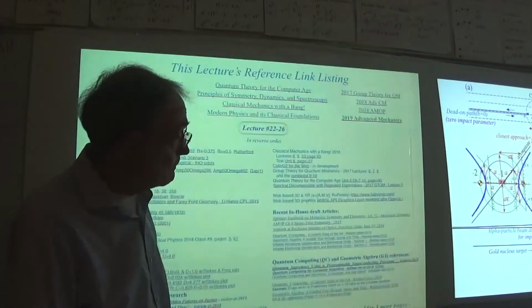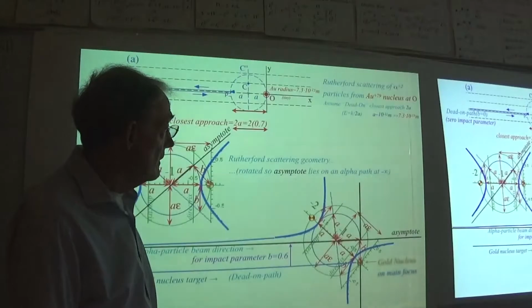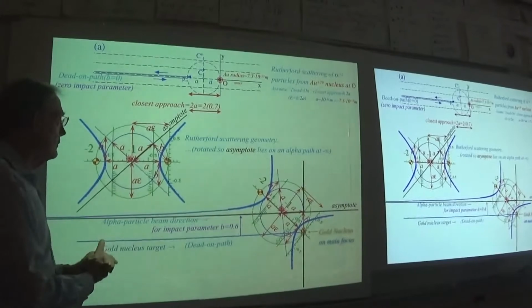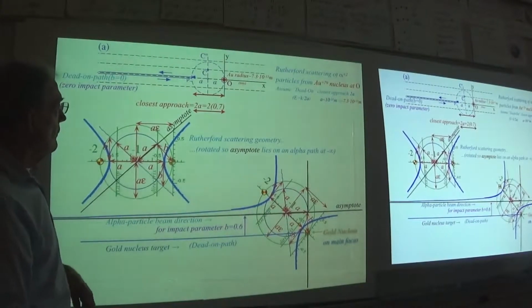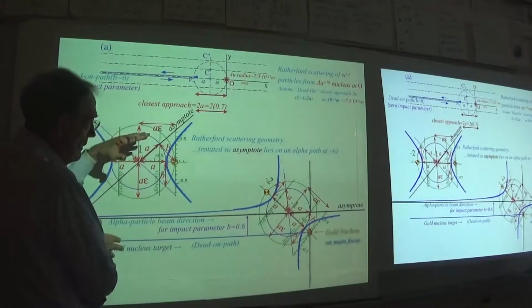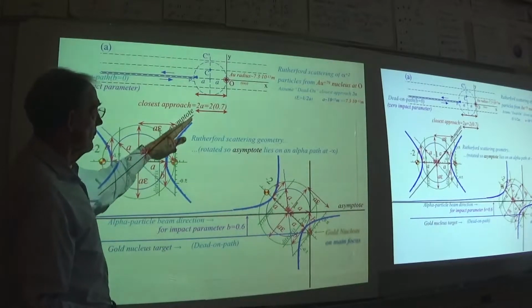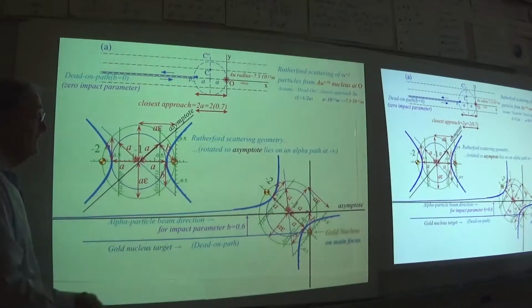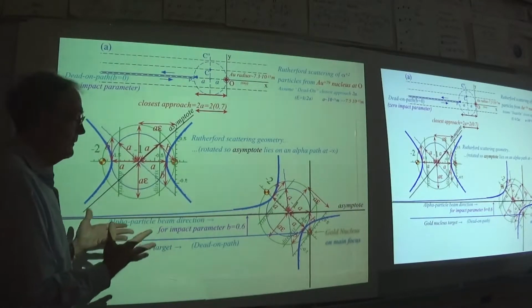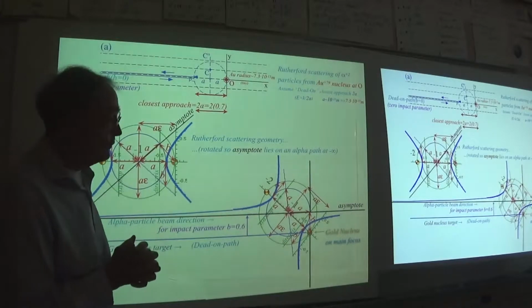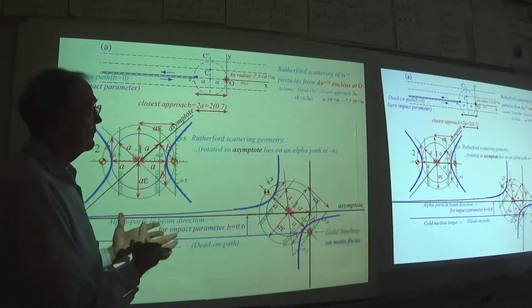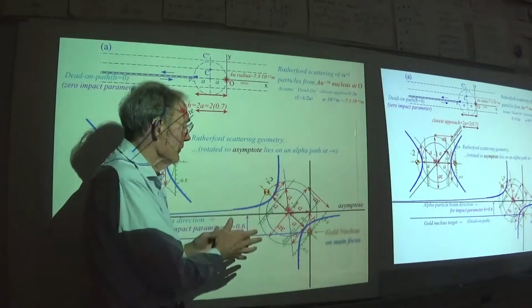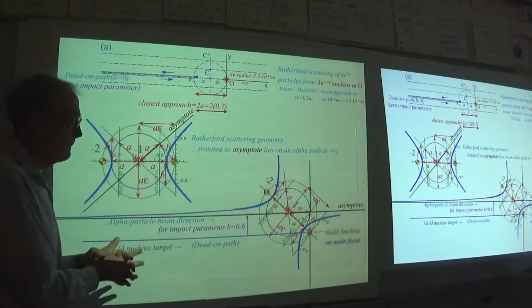And the basic idea is that this diagram, the hyperbola pair that you're used to, just turned on its side a little bit so that this asymptote is level, is the key to a way to very quickly geometricize, that is, make a geometrical construction of all of the properties of the scattering.